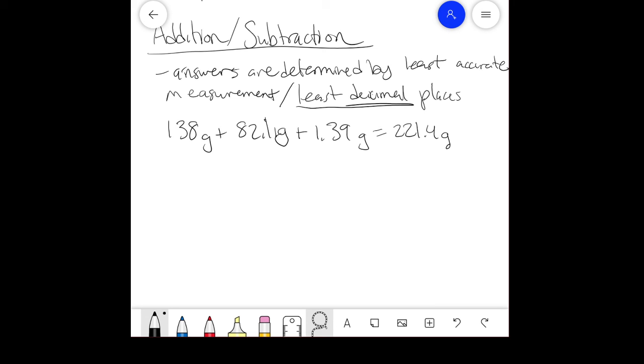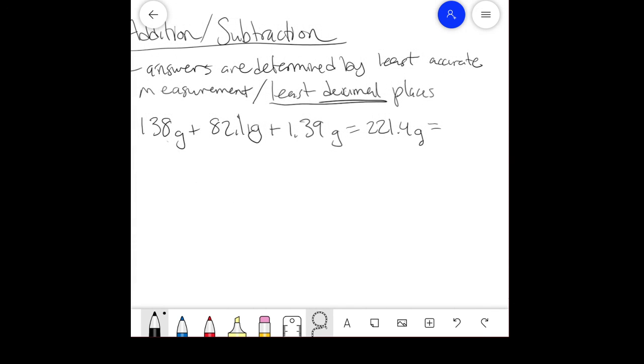Now, these all have 3 sig figs. But when you do addition and subtraction, you're going to the least decimal place. And since 138 would be the least accurate, because you estimate that final one, this is very inaccurate since we don't have a decimal. So since the 138 is the least accurate, this is just going to have no decimal points. So this is going to be 221 grams.